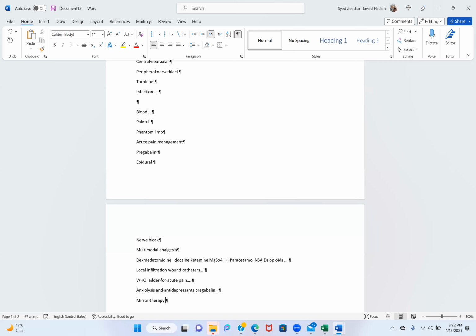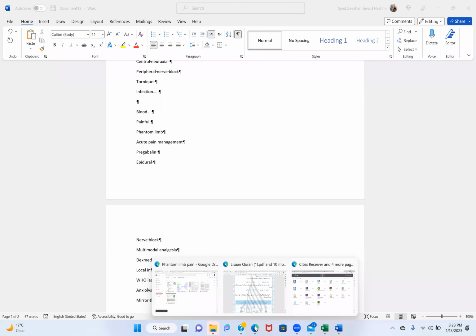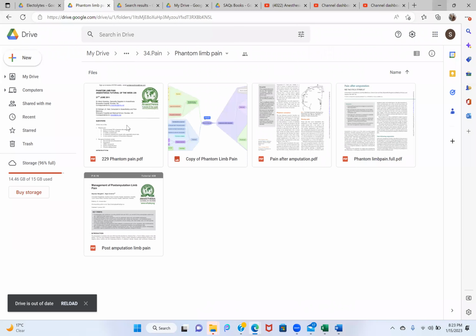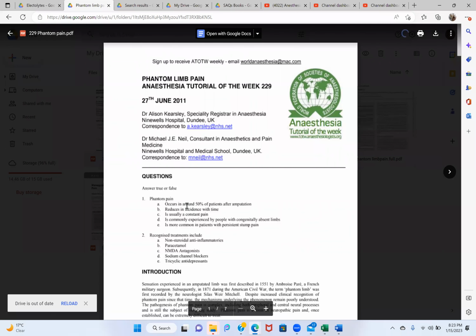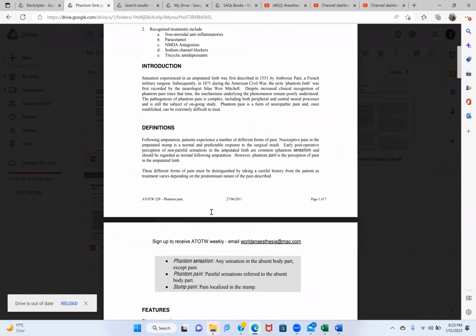So that's why, if you want to avoid phantom limb pain, you have to be very meticulous, and you have to treat all the factors which may lead to its development. Up till now, I have just peeped into some of the factors. So we will now see how phantom limb pain develops. There is some peripheral mechanism which occurs because of denervation, and then abnormal development of neuromas.